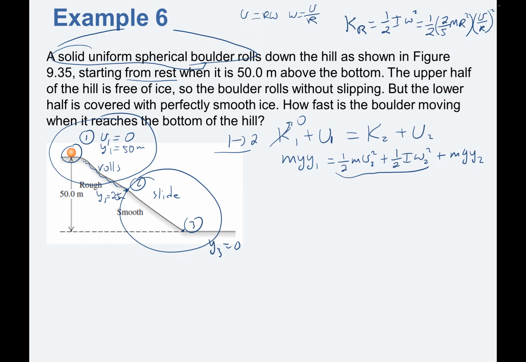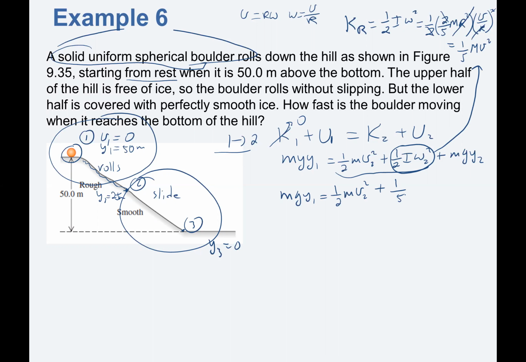Okay. And then from here, I can see r squared cancels out, and I end up with, 2's and 2's cancel out. So 1/5 m times speed squared. That means what I end up with is this: mgy1 equals 1/2 mv2 squared plus, then this guy over here becomes that.